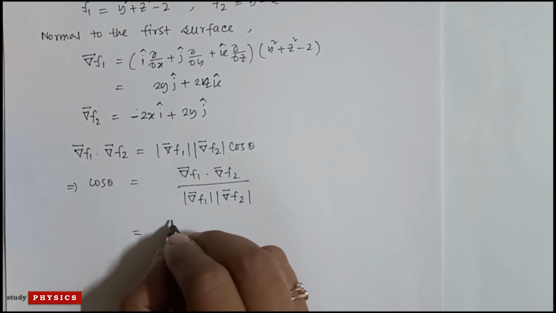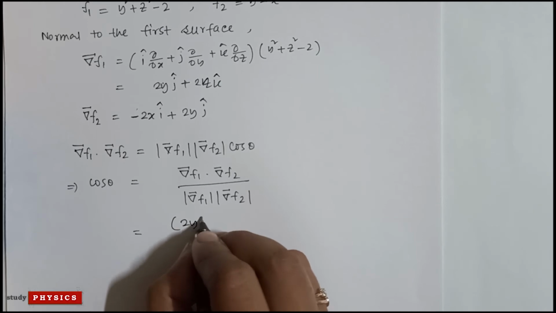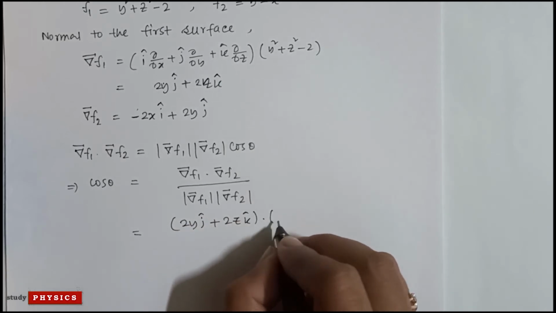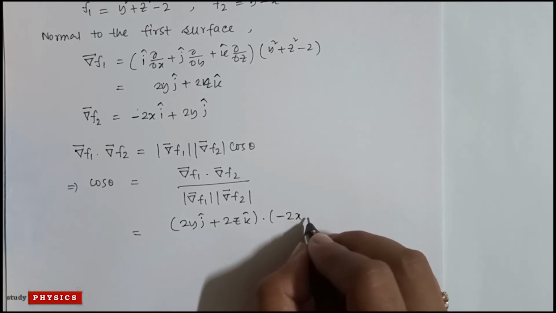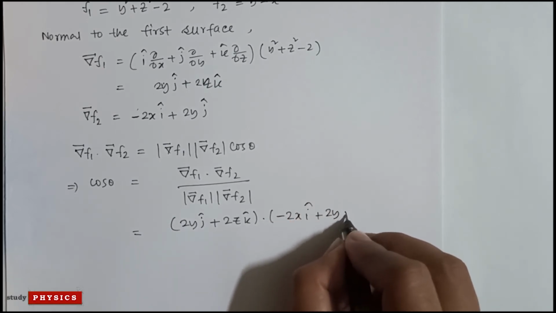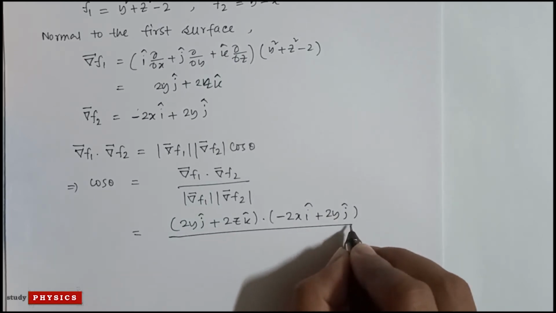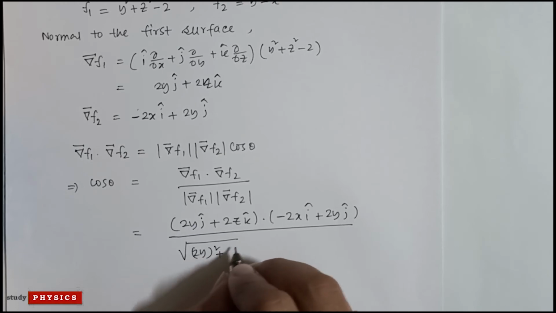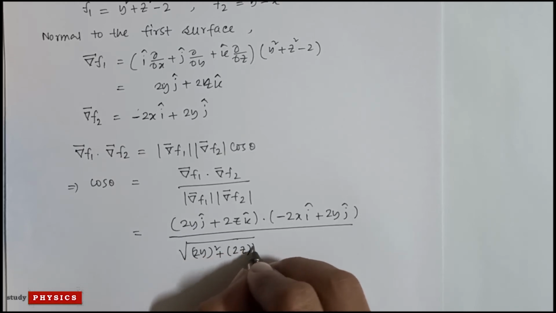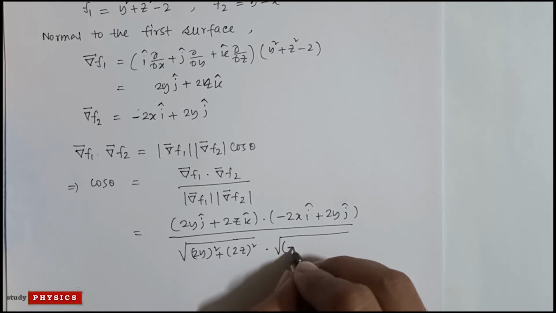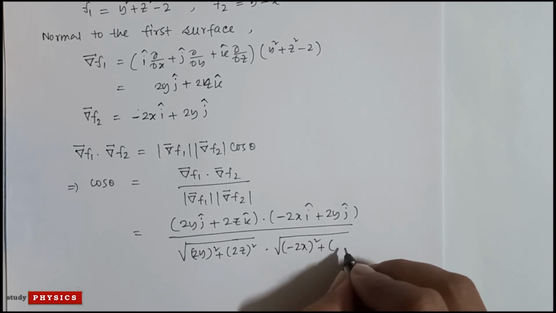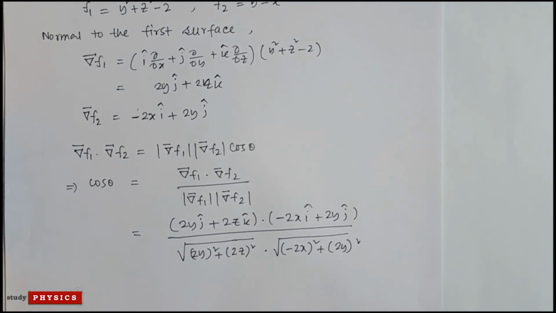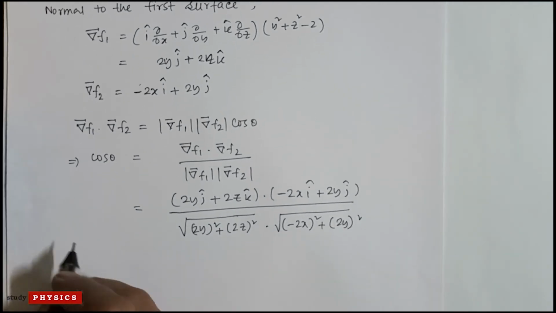So this is (2y j cap plus 2z k cap) dot (minus 2x i cap plus 2y j cap) divided by root over 2y square plus 2z square into root over minus 2x square plus 2y square. So they want the angle at the point 1, minus 1 and 1.